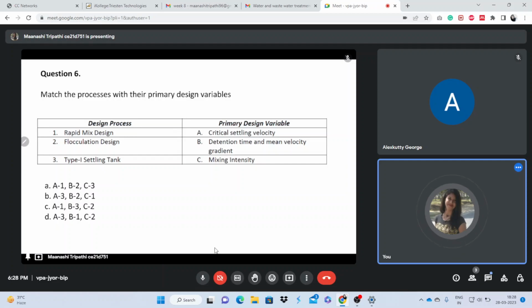Match the process with their primary design variables: rapid mix design, flocculation design and type 1 settling. These are their primary design variables. Please match the values, then we will see the answers.